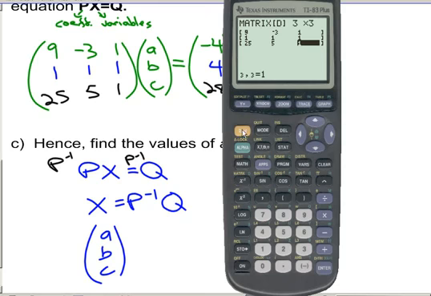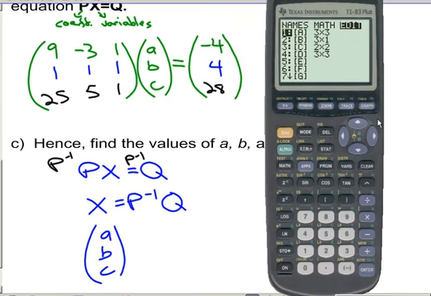I can go and put in my matrix E, which is a 3 by 1. And it's just sort of the y values from our original set of points.